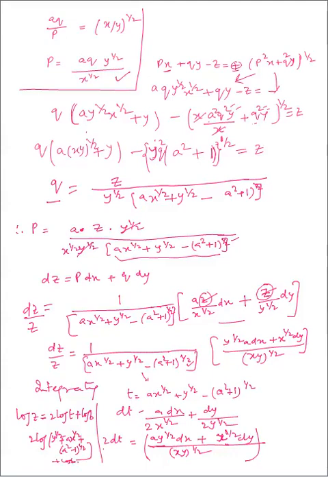So from here we can write z is equal to b into y to the power half plus a x to the power half minus a square plus 1 to the power half, and because it was 2 log, we take the square of this, where a and b are arbitrary constants, and this is the required answer.